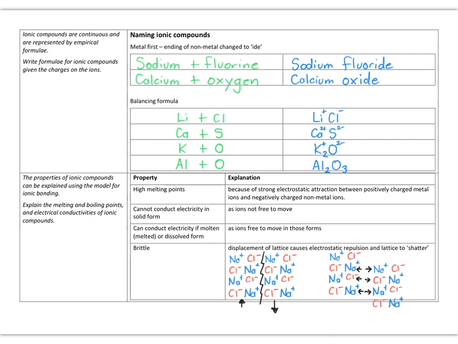So the result will be that this plate here gets moved out this way with respect to this part here. So because of the nature of that lattice of opposite charges, if we get a small deformation, we suddenly end up with a situation where the like charges are next to each other, like charges will repel each other, and that is what will cause that shattering or that brittleness that you would see in an ionic compound.